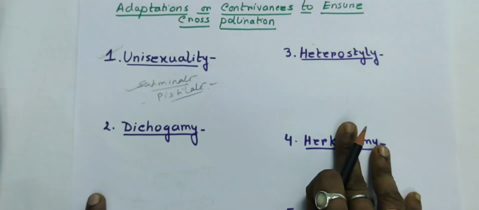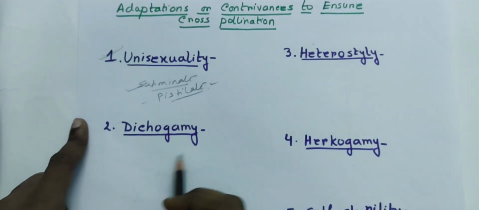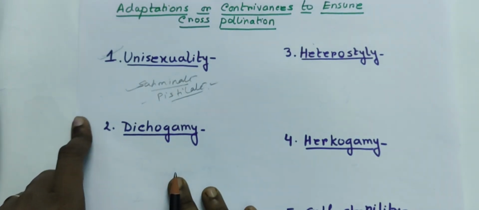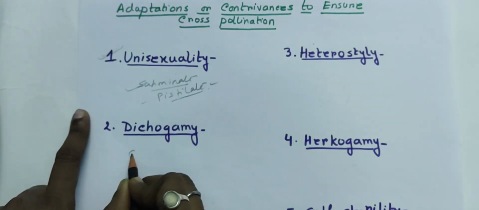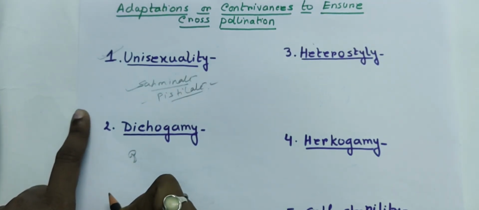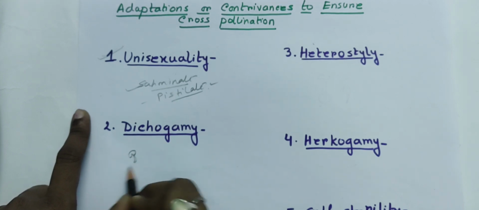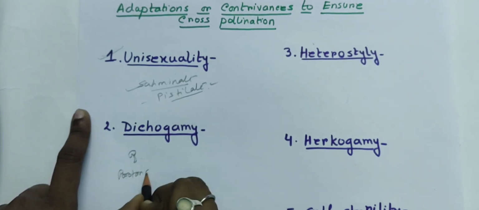Next, come to dichogamy. Dichogamy means the maturity timing is different for the anther and stigma. If the anther matures first, then we call it protandry.